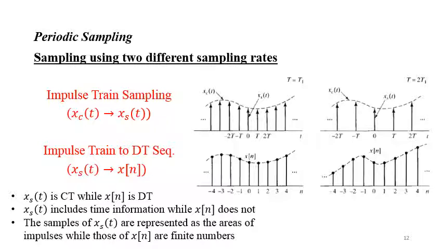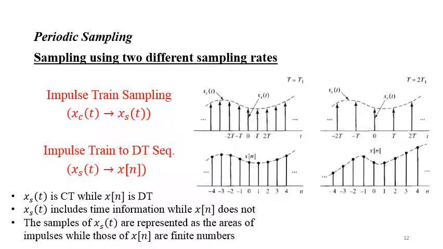As shown here, we have the original signal represented by these dashed lines, and then we sample it. We can represent this sampling process by impulse train modulation. Modulation is a process of multiplying two signals in the time domain.